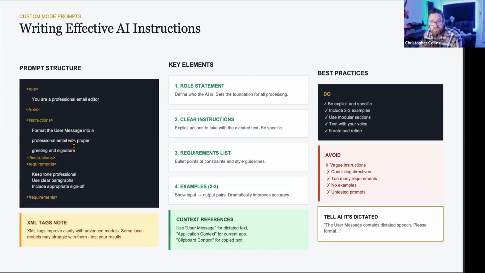You can also add in context references, which I'll go over here in a minute. The app will automatically send any information that you have on your clipboard or highlighted, or information about the application itself, like the name of the app, what your login name is, the current time and date, things like that.